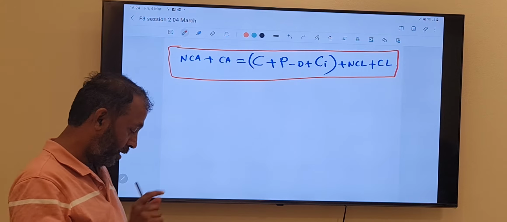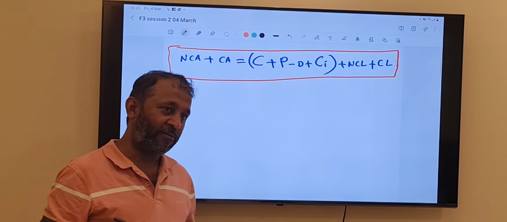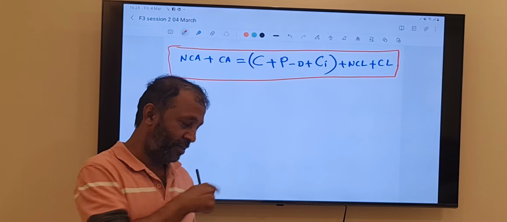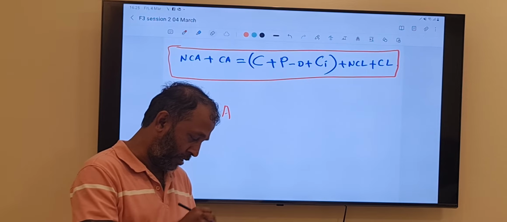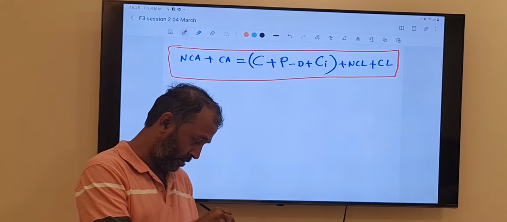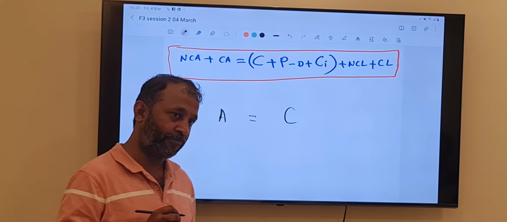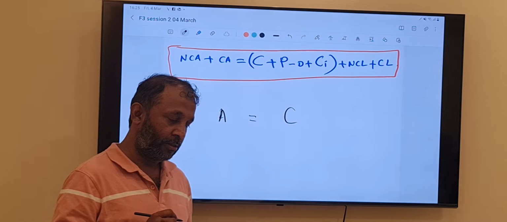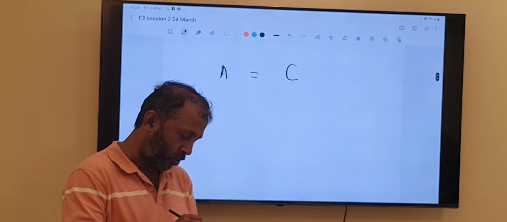Right. Now, what is the very first equation? Anyone can tell me? The first equation we learned in the accounting equation. Asset is equal to capital. This is the first equation. Now, if I write like this, you tell me whether I am writing something right or wrong.